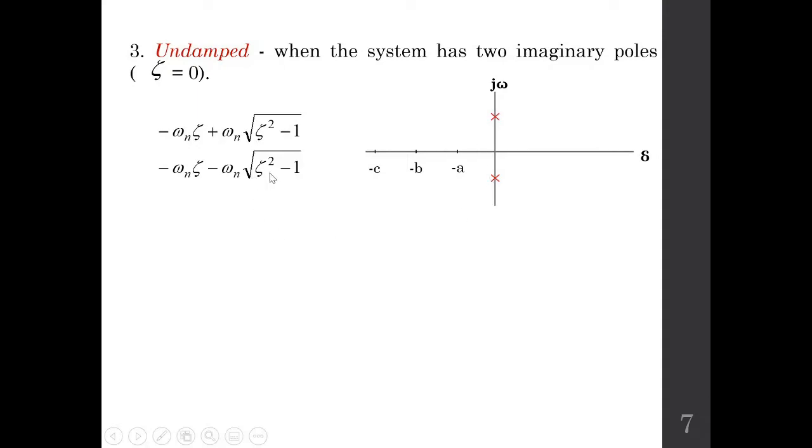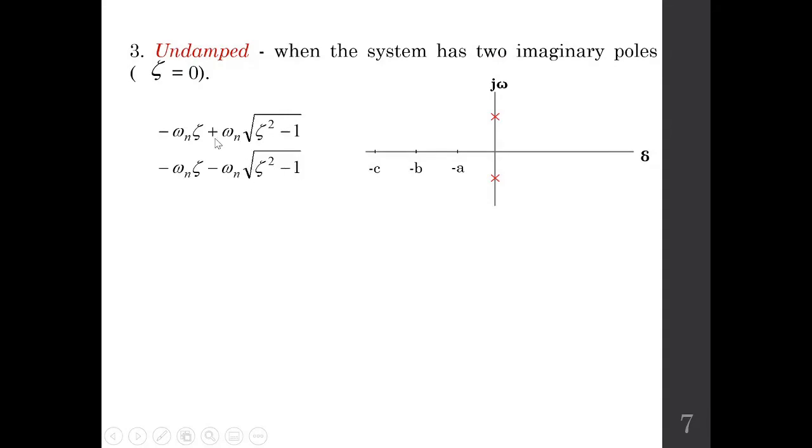Otherwise, what you can do, you can just simply put zeta is equals to 0 in these 2 equations. So this term will become 0. This term will become an imaginary number. The same thing will happen with this equation. This term will become 0 and you will get an imaginary number for this part.